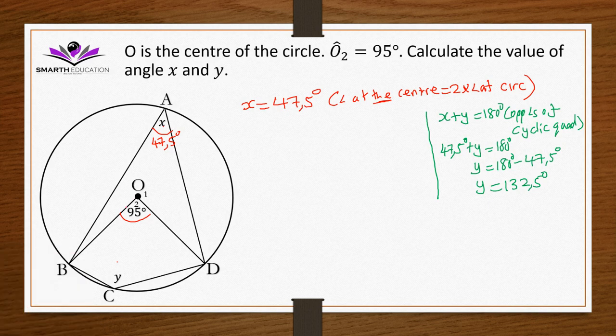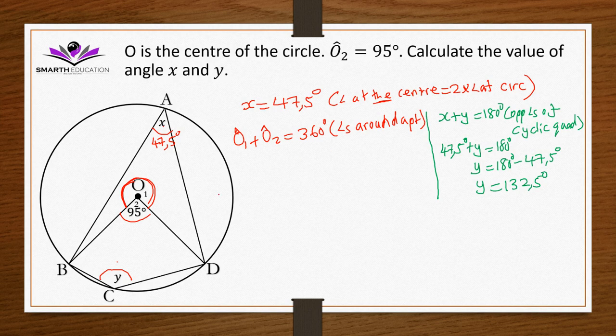Right, now I'm going to get O1 first, and after getting O1, we can get y. So what is O1? We say O1 plus O2 is equal to 360 degrees. Why? Angles around a point, or angles in revolution.